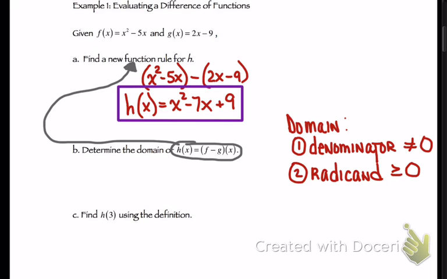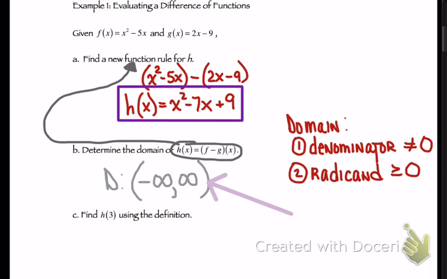If you look at your function, so I'm looking to determine the domain of this function right here. Do I have a denominator? Do I have a square root? I'm answering no to both of those questions, and therefore the domain is all reals.